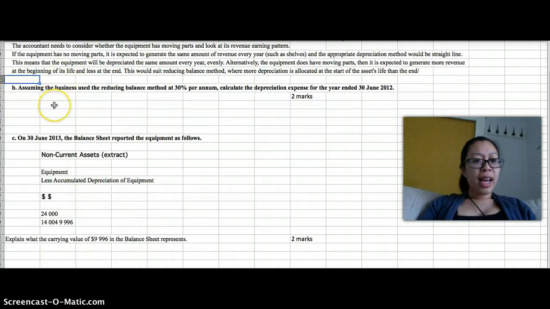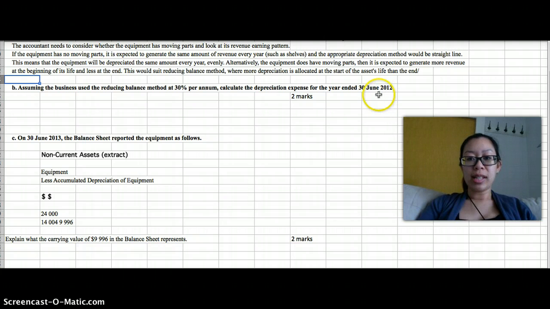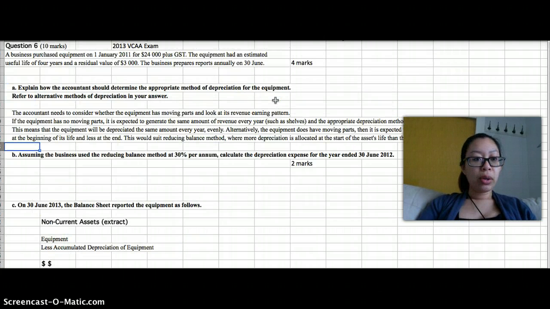Okay, assuming the business used a reducing balance at 30% per annum, calculate the depreciation expense for the year ended 30th of June 2012. So it's told you it's reducing balance, so make sure you use the right method, 30%, and using reducing, let's see, so they bought it on the 1st of Jan 2011, and now it's 30th of June 2012.